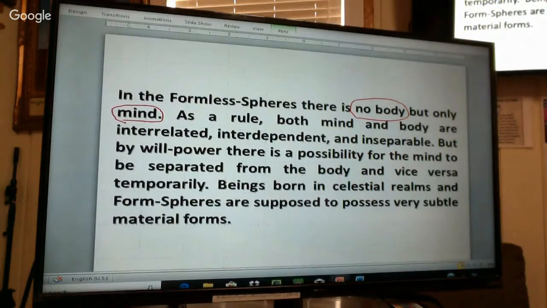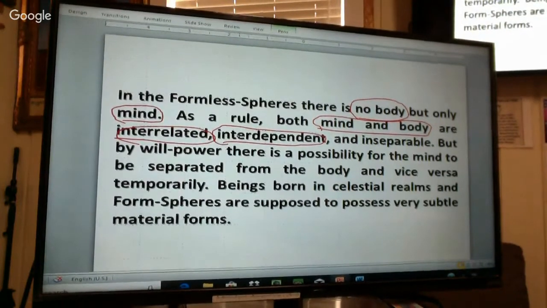But as an ordinary rule, mind and body always work together. They are interconnected, interrelated, and interdependent on each other.